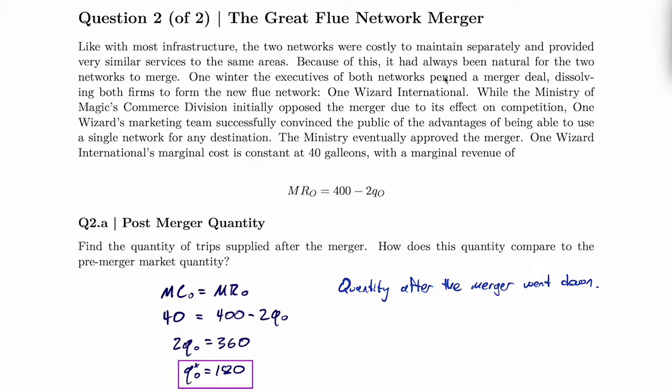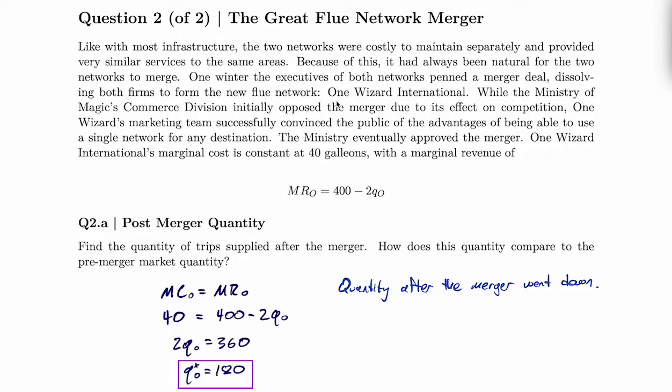So it's natural, right, for there to be one network that's formed through a merger. So part of this question is really asking what happens in the market after we allow this duopoly to merge.